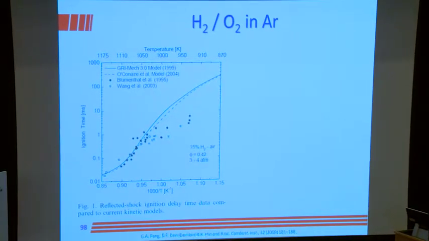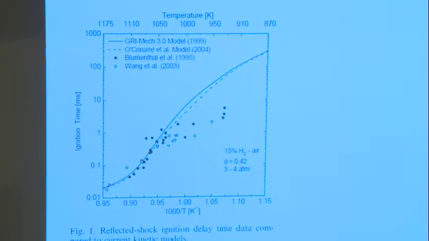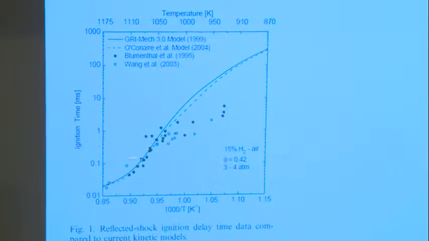So 15% hydrogen in air, 3 to 4 atmospheres, and these are the ignition delay times. And you can see here's a model, GRI mech. Here's a model from my group. It doesn't matter, that's just what they published. And you can see at high temperatures, the models captured the data very well.